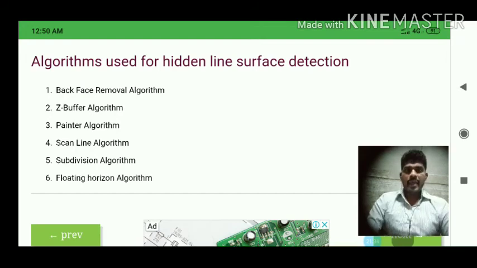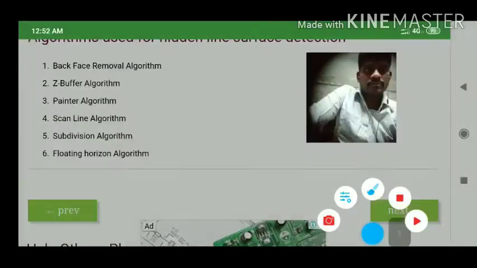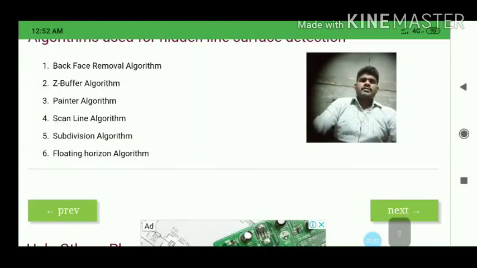First one, back-face removal algorithm. Then the Z-buffer algorithm, also called depth comparison.